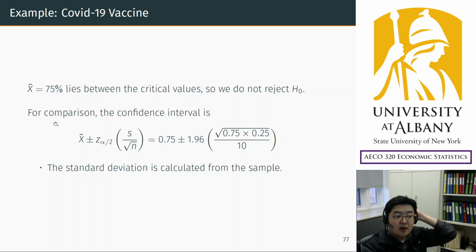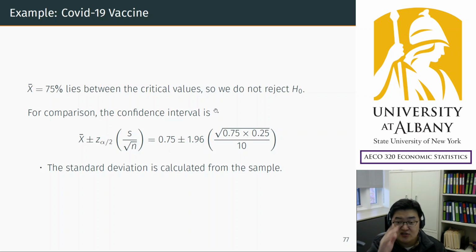By the way, as a comparison, when you calculate the confidence interval, remember 75% was the sample average. That was the center of the confidence interval. And you used it to calculate the standard deviation at the time, right?